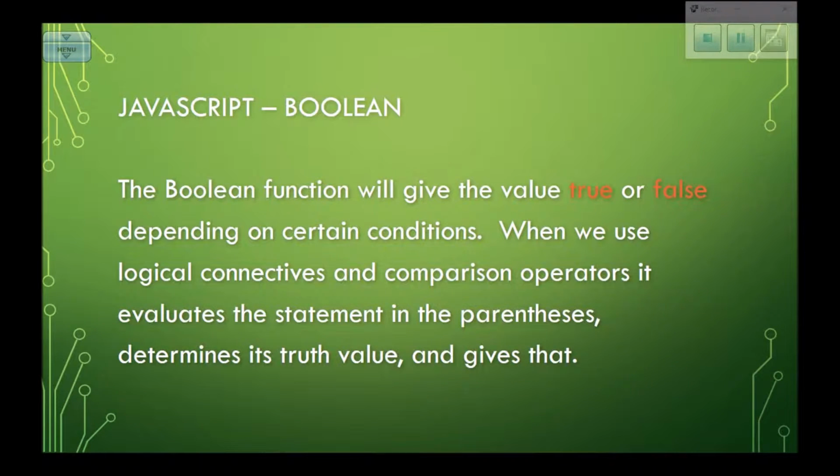Now, the Boolean function will give the value either true or false. Remember, those are those primary values, depending on some conditions. Now, there are weird things you can do with it. You can use it in a lot of ways. What we're going to look at is if we've got some logical connectives and some comparison operators in there, it'll give us true or false, just like in those slides we were just practicing on, just like in that other video.